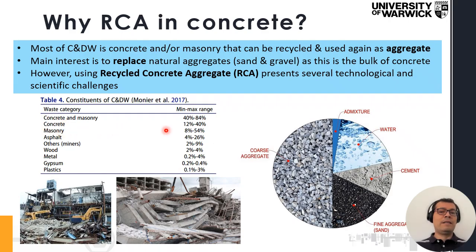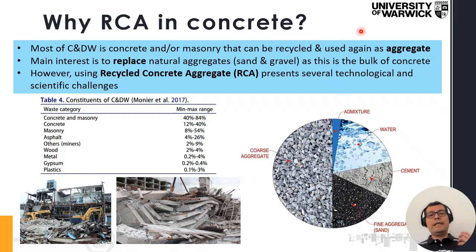Those are these 3 figures here. You can see that those components are anything between 8 up to 84% of the construction and demolition waste. So actually most of that waste is made out of concrete or masonry.